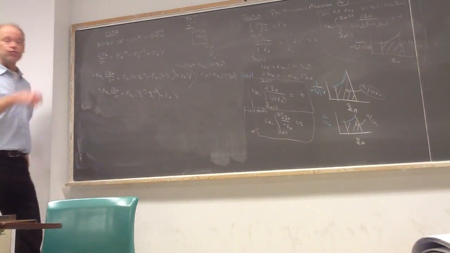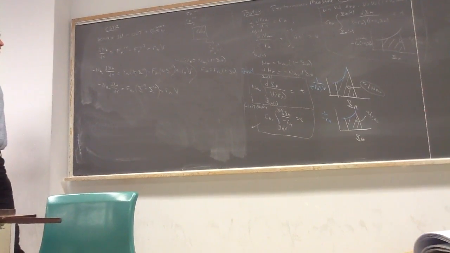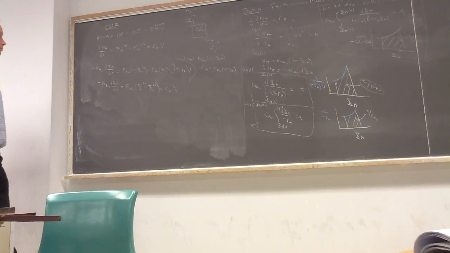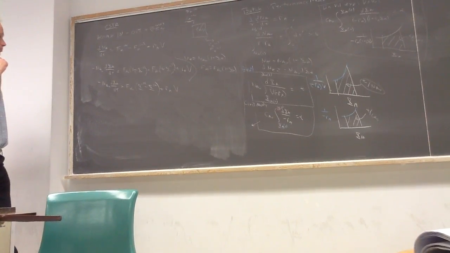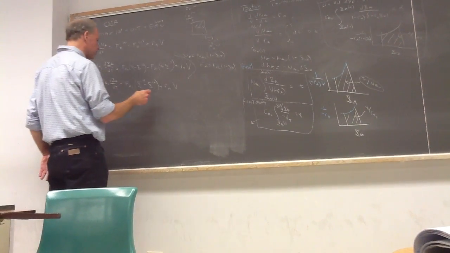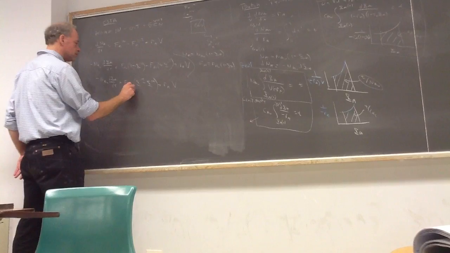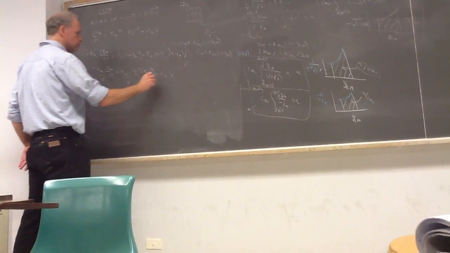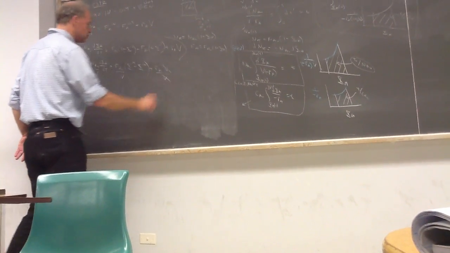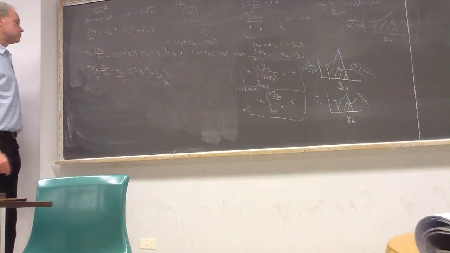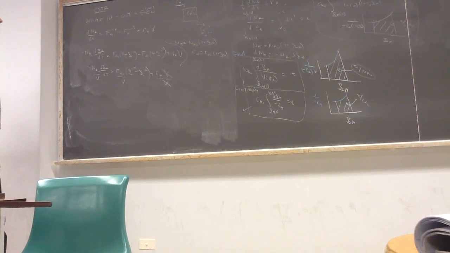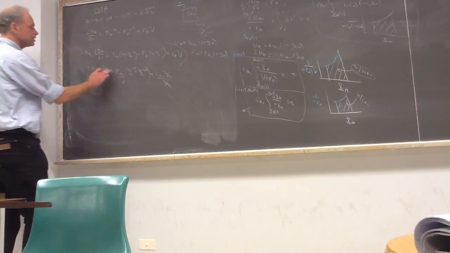I'm going to divide through by the volume, and I'm going to multiply and divide by CA0.